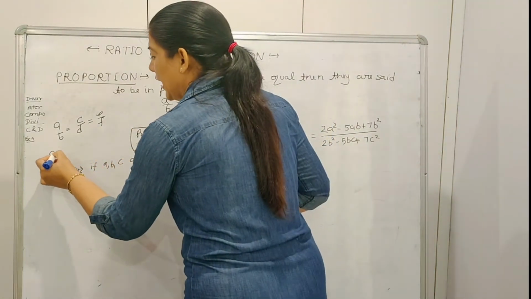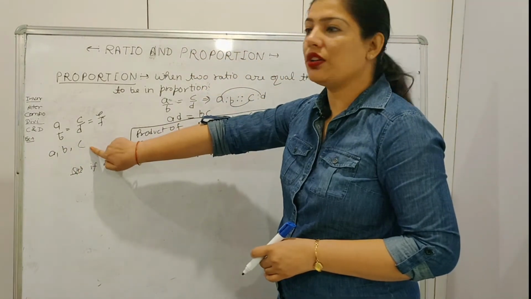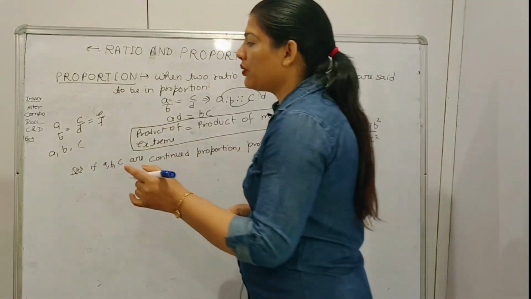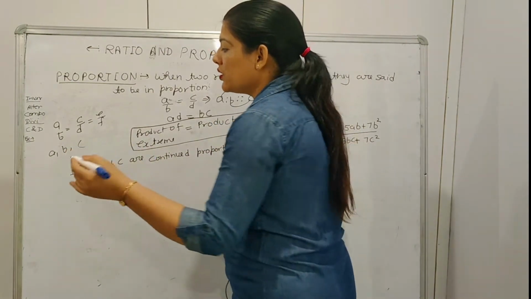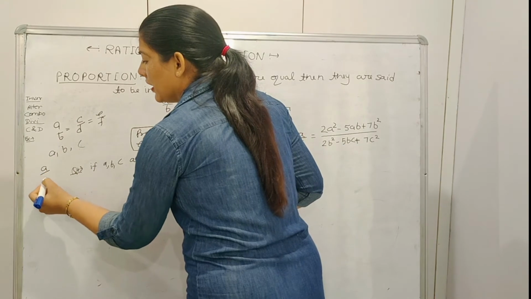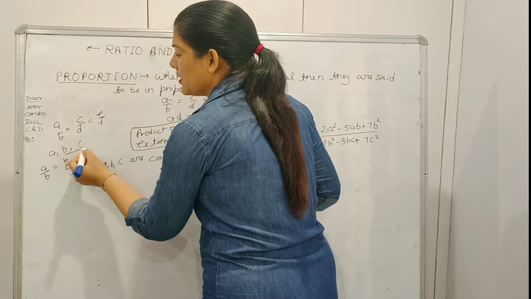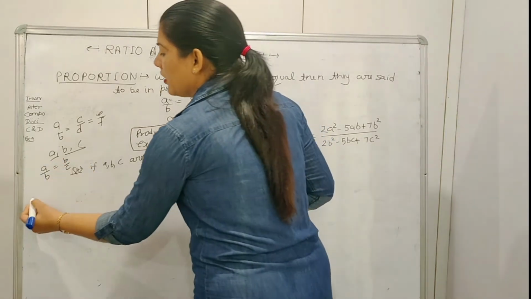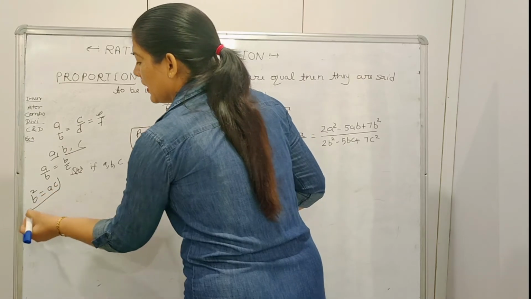If I have A, B and C only and they say that these are in continued proportion, how can you write it? We have only three terms, we don't have four terms here, so we will write it as A is to B equals B is to C. Okay, so here the rule is B square equals AC.